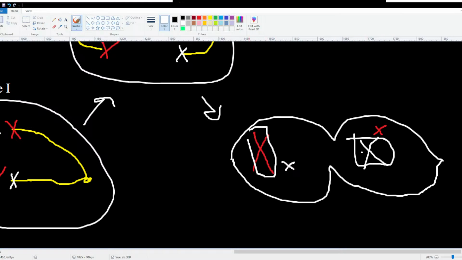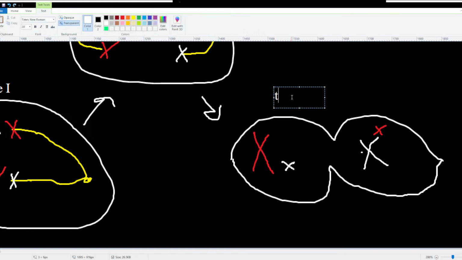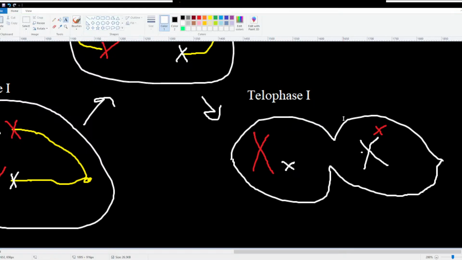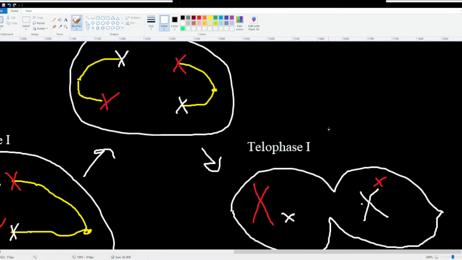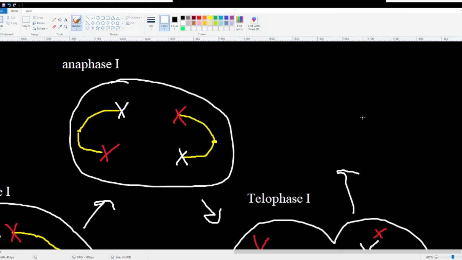These were once homologous chromosomes, and these were once homologous chromosomes as well. But now, during telophase, we're actually splitting it apart. And then after telophase 1, the cell splits apart.